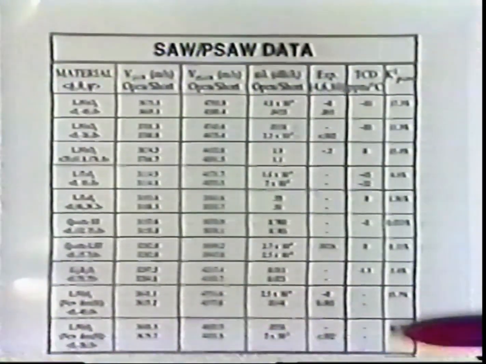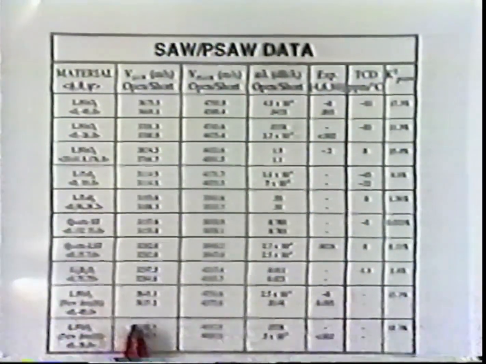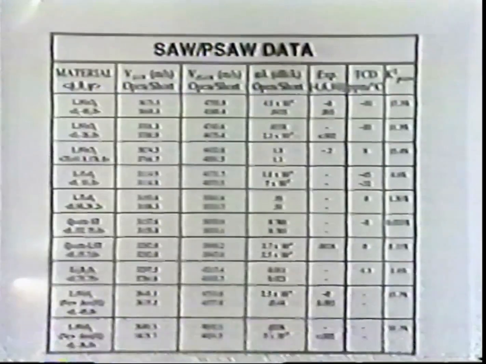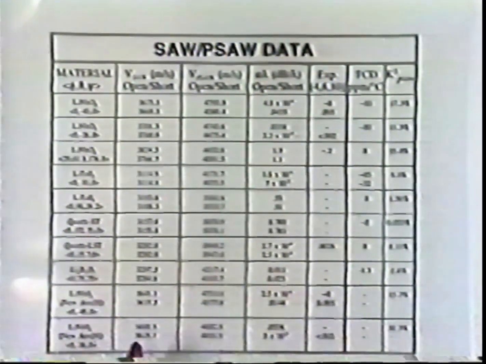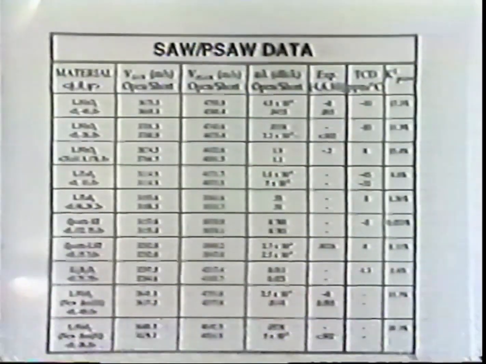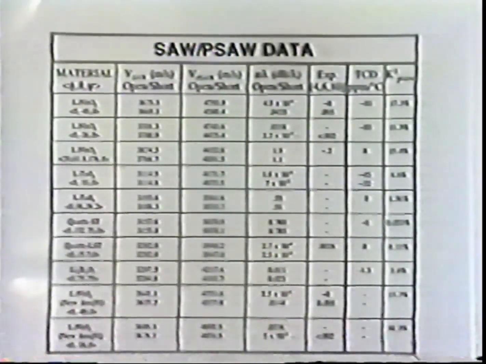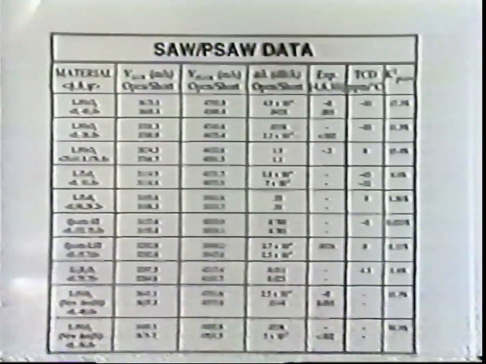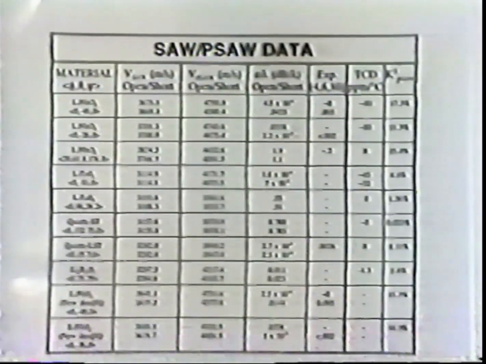What is important in terms of the pseudo-SAW should be noted by comparing the velocities in the first column after the angle designation, where we have numbers in the 3,000 odd, with the next column over where the numbers are in the 4,000.